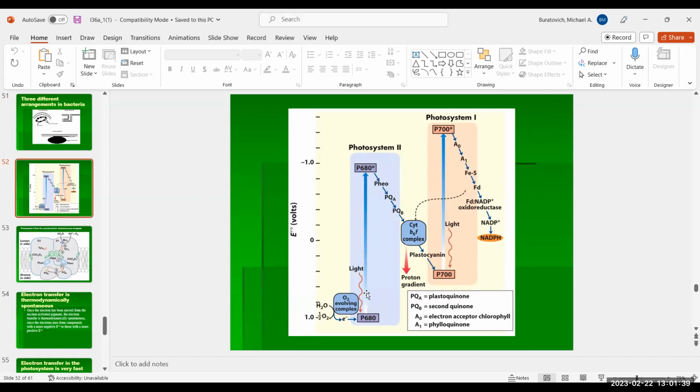Can you see that any sort of photon that excites this photosystem can also excite this one?